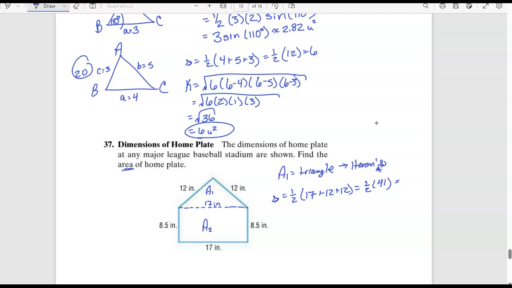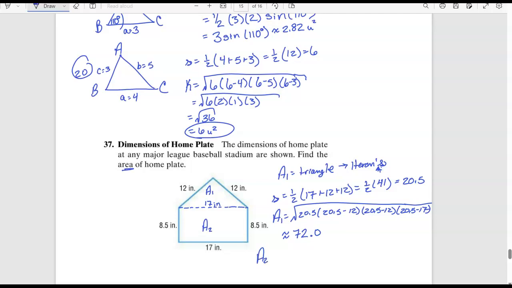There we go. So 41 divided by 2 is 20.5. So the area of the triangle is going to be the square root of 20.5 times 20.5 minus 12, 20.5 minus 12, 20.5 minus 17. I'm going to do that computation off to the side on my calculator. And when I did that, I got 71.99957. So that's really close to 72.0.